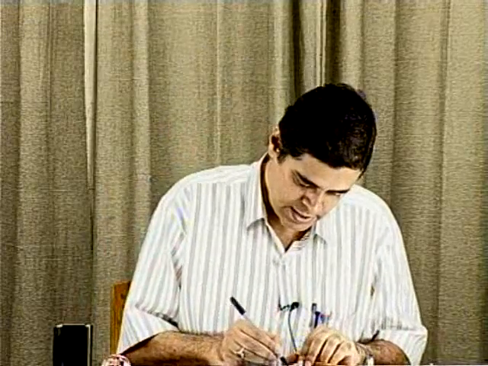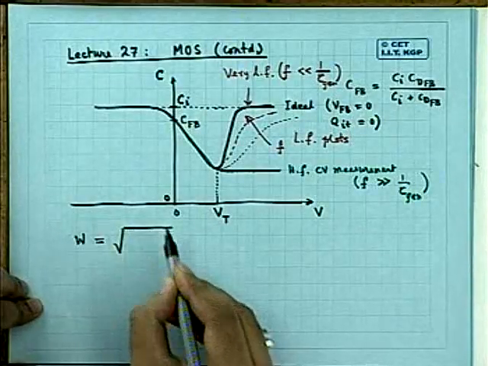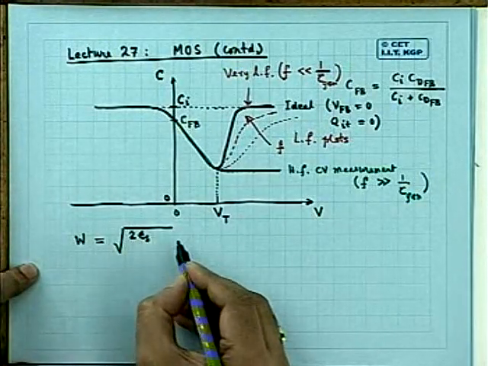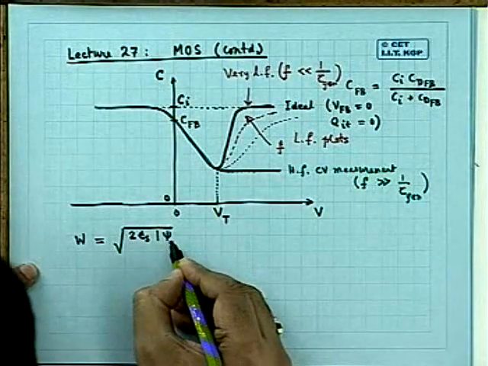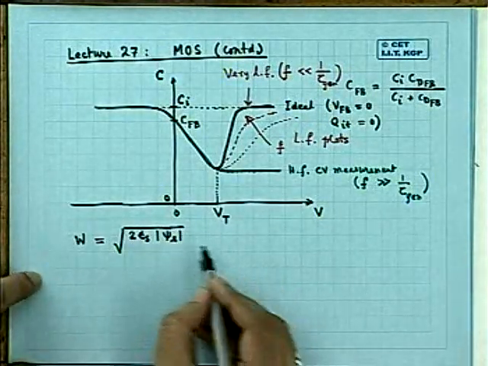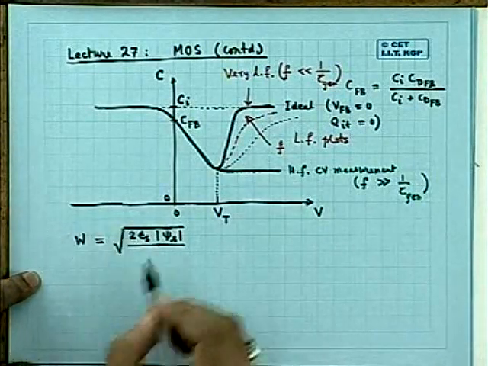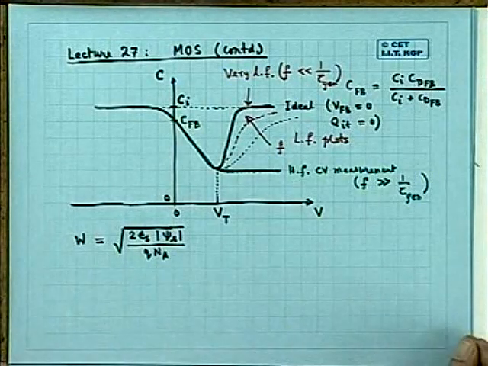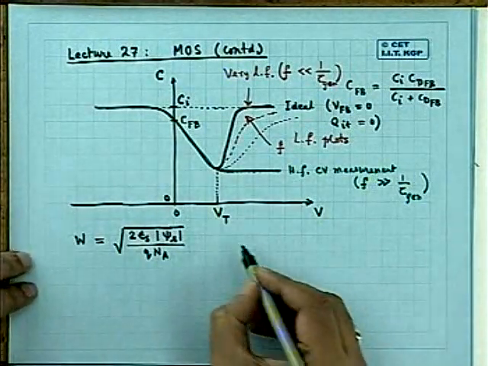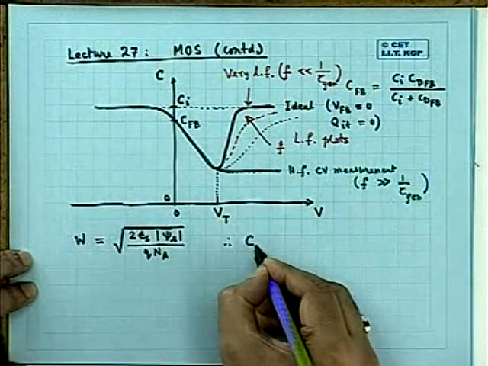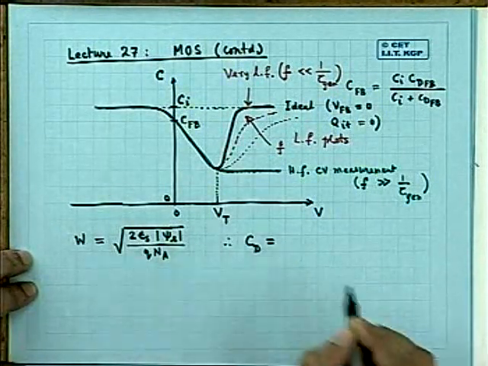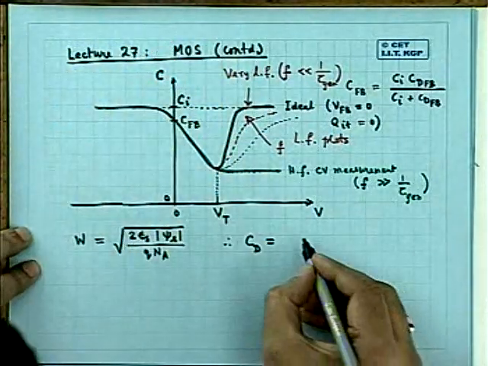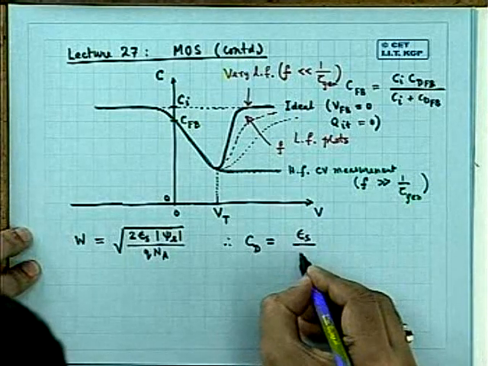So in that case, naturally the expression for W, the depletion layer width, will be the square root of twice epsilon S over QNA, the same old expression, only here I have to write epsilon S as a magnitude, the modulus. Please note that we are considering NMOS. In that case, CD, the depletion layer capacitance just below the surface, is naturally from our old expression this.